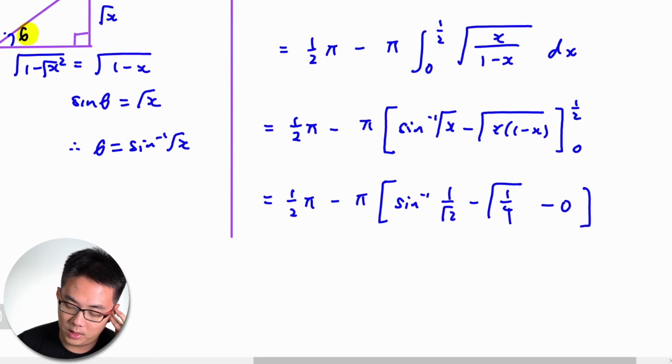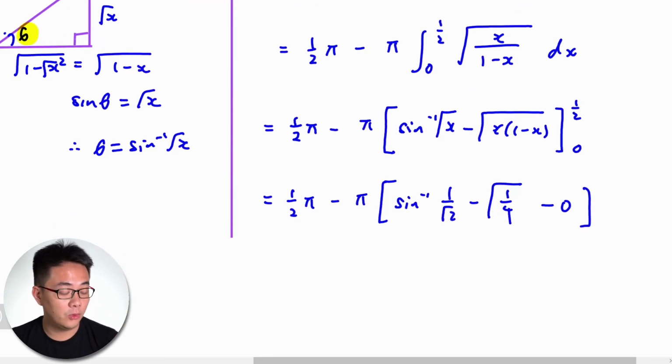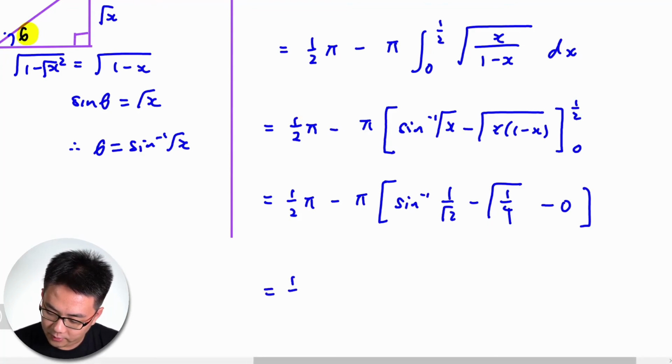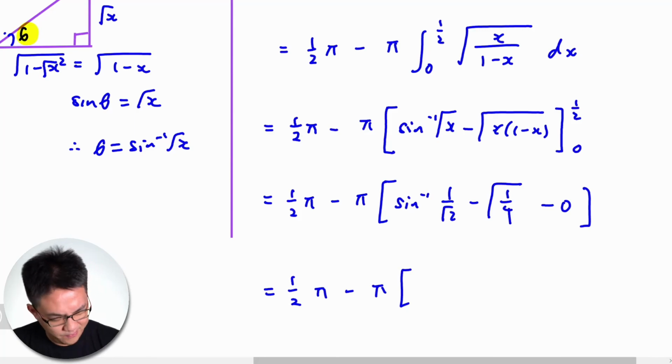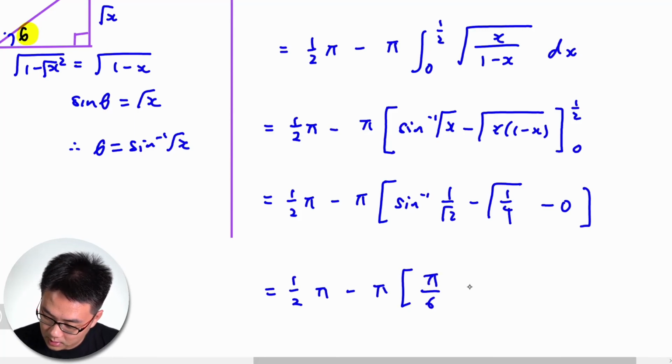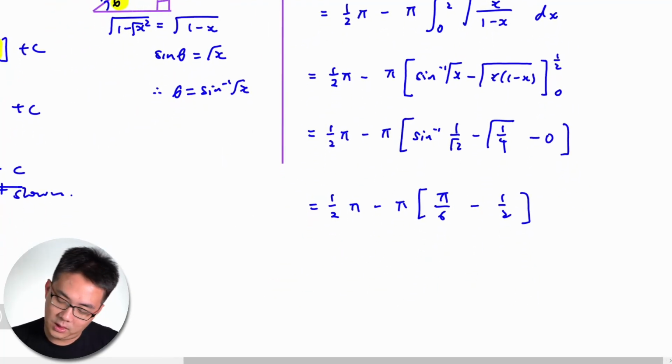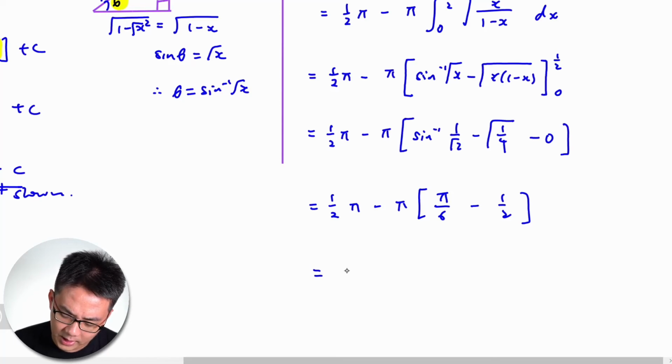So this would be sine inverse of root 2, will be actually just half pi minus pi. That will be pi over 6 minus half. Okay, so this would be actually half a pi. So half a pi, this is pi minus 1 over 6 pi squared.